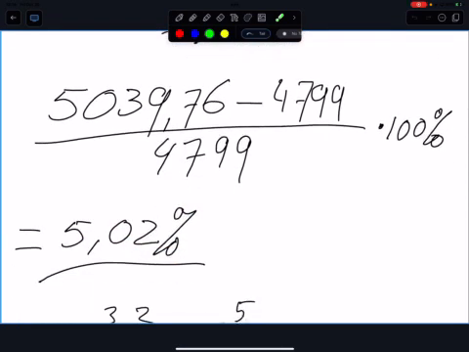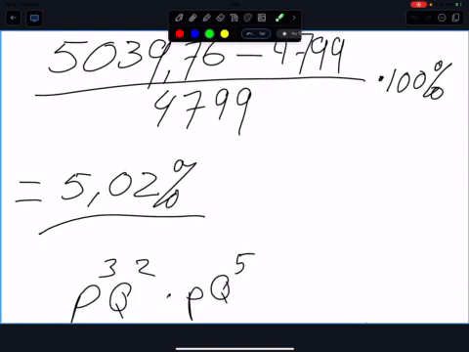The next one is calculate the percentage profit. So how much more, or rephrasing it, how much more do I have to pay if I have to pay cash or hire purchase? How much more am I paying for doing hire purchase?